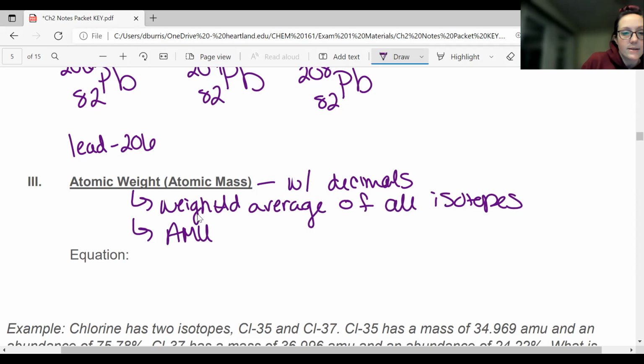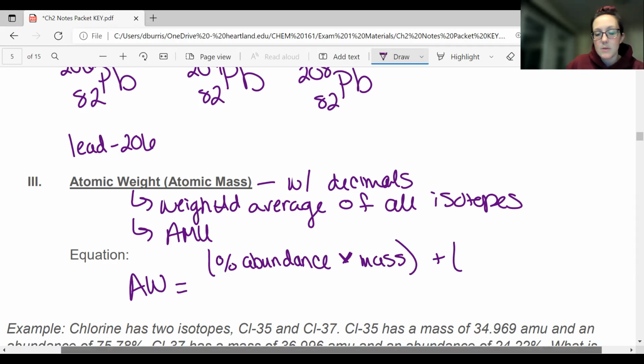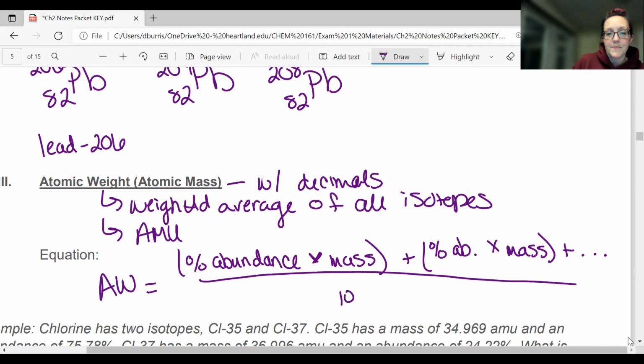So the atomic weight, or the atomic mass, calculation is the percent abundance, meaning how much there is for an isotope, times the mass of an isotope, plus, you just keep going for each isotope, the percent abundance of the next isotope times the mass of the next isotope, plus, and so on and so forth, all divided by 100.